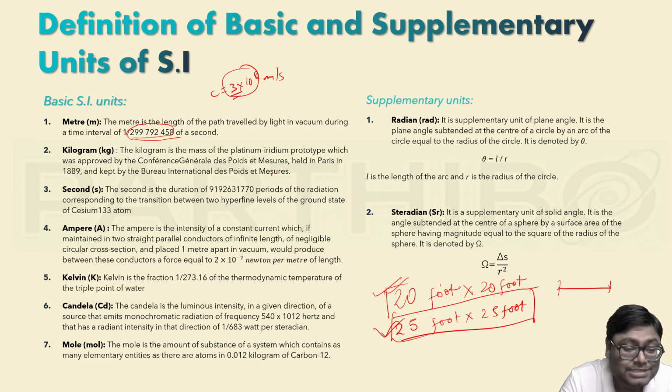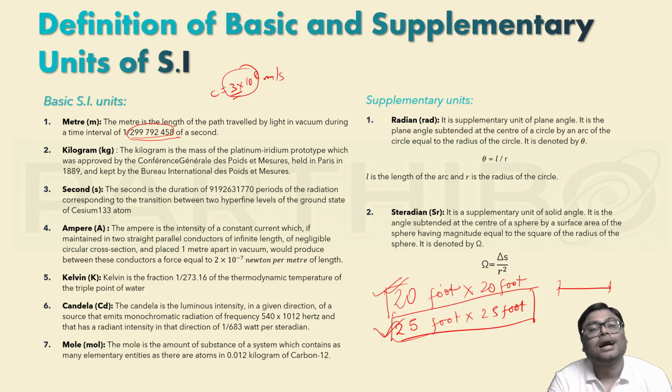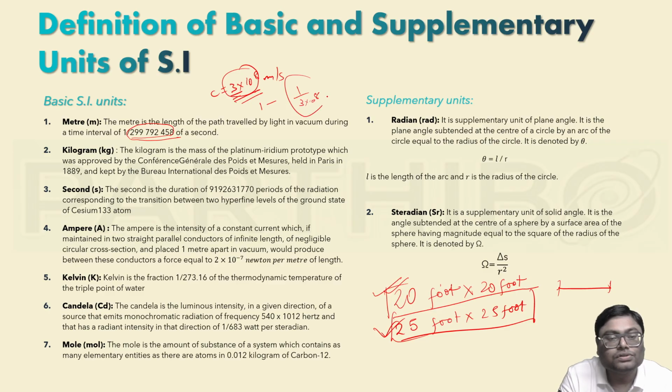Sorry, I am saying the wrong thing. Light travels this much distance in 1 second. So light travels 1 meter in 1 by 3 into 10 to the power 8 seconds.